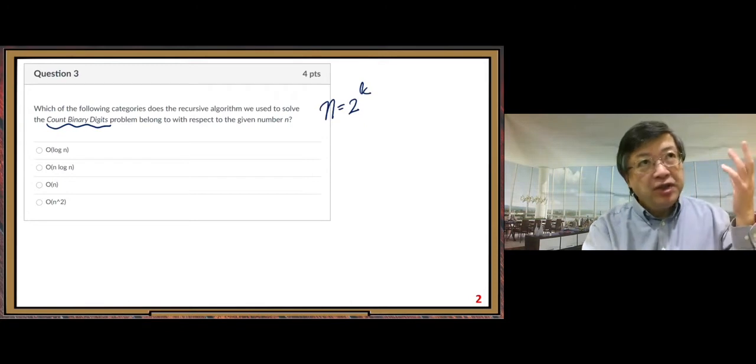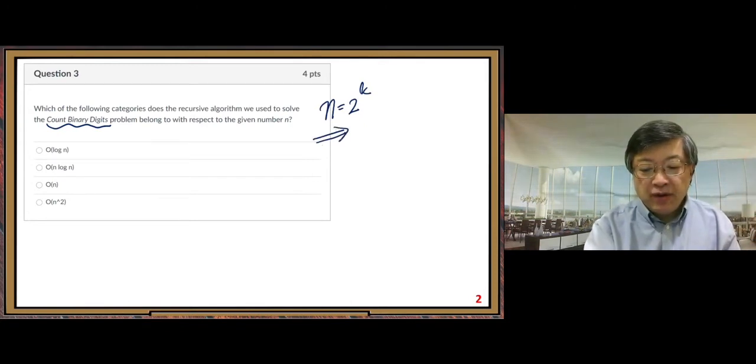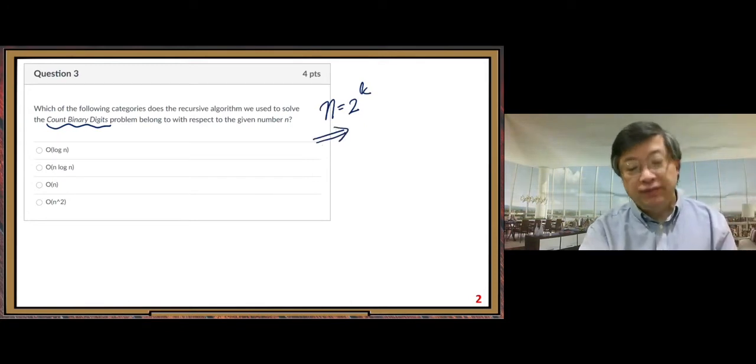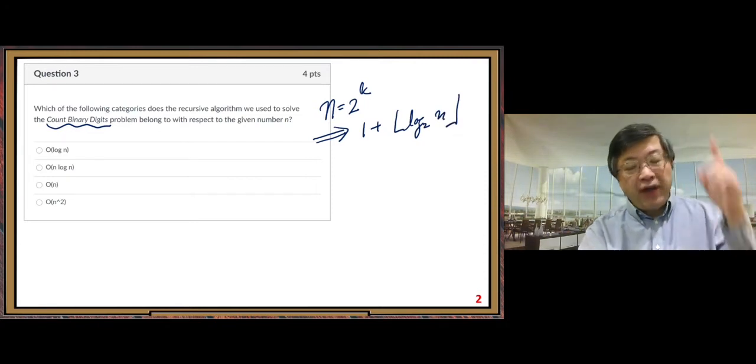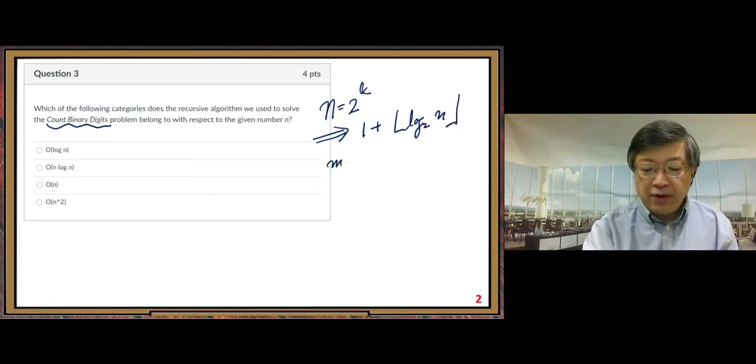Based on that structure, we guess the formula: 1 plus floor of log base 2 of n. After that, we use mathematical induction to prove it is correct.